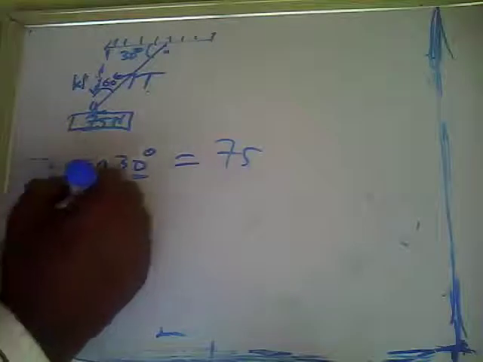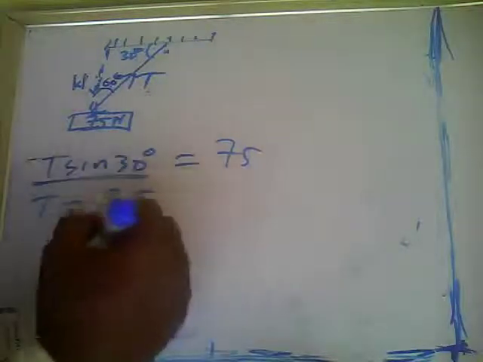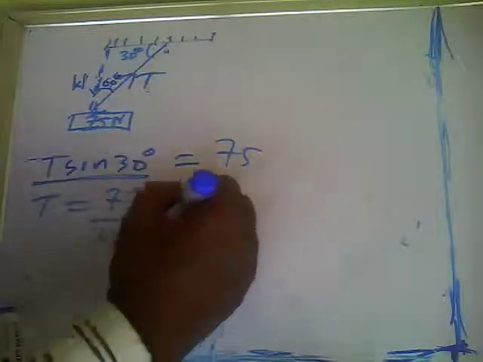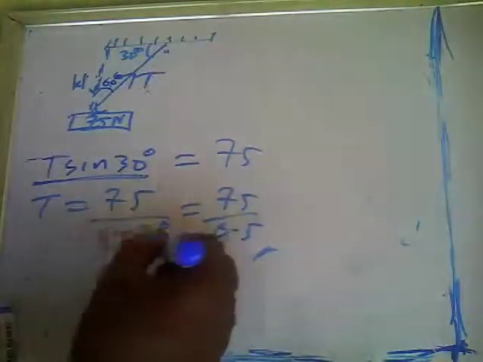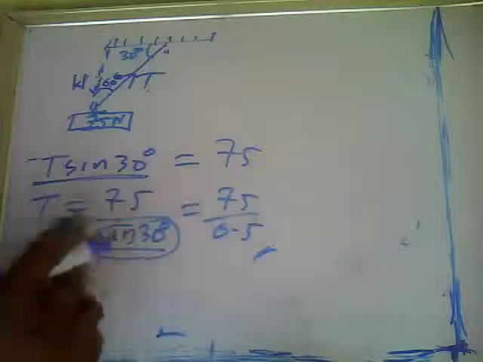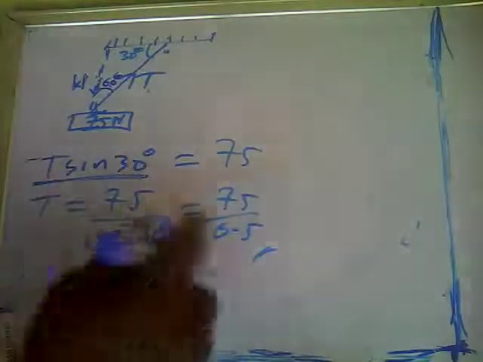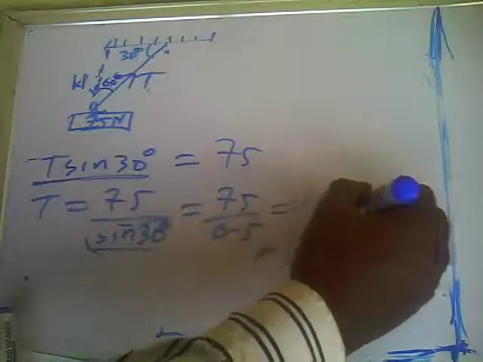So T is 75 over sine 30, which is 75 over 0.5. Sine 30 is equal to cos 60 degrees, so we still have our 150 Newton.